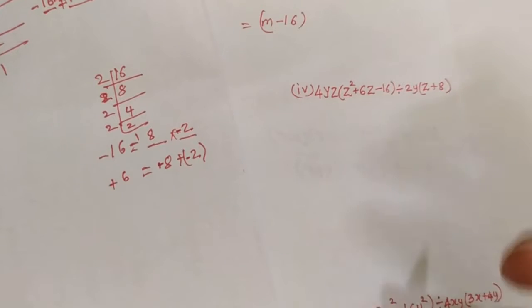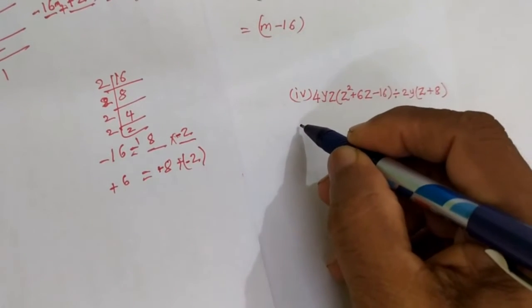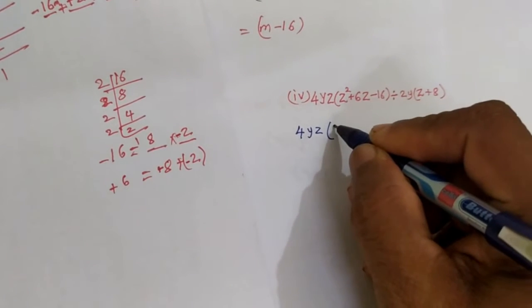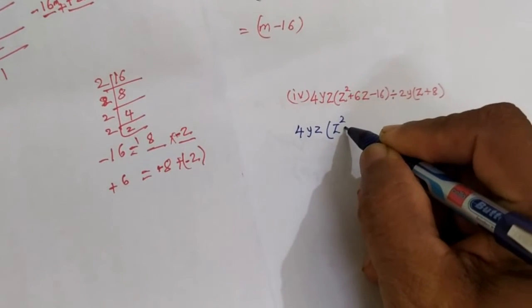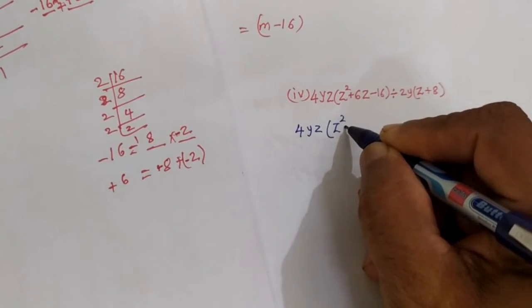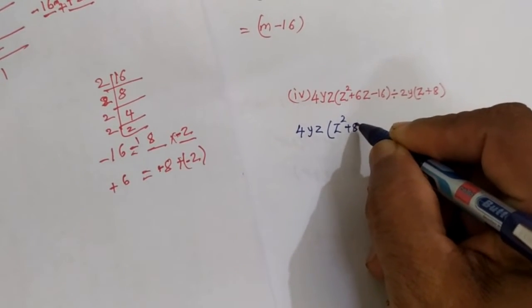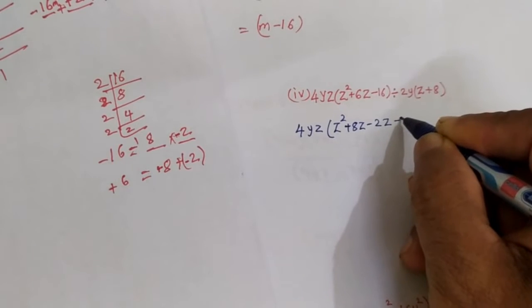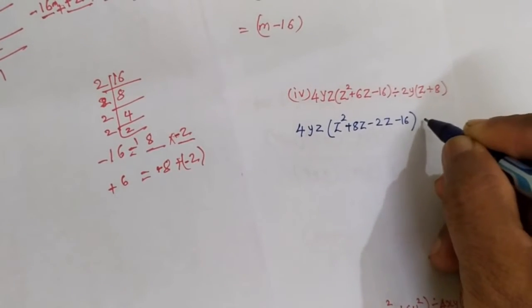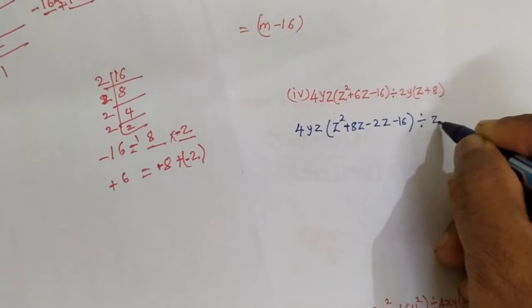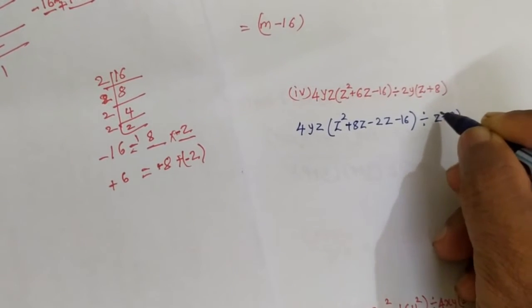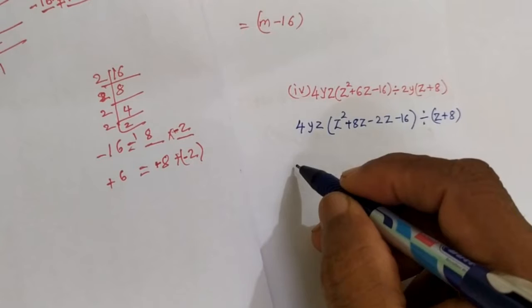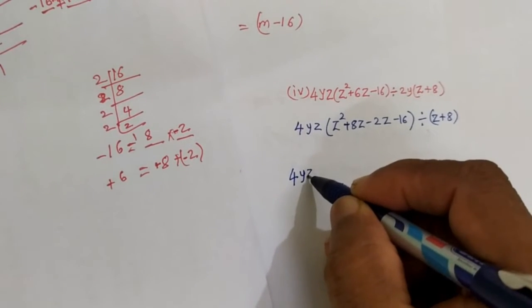We'll write down 4yz into the bracket z square plus 8z minus 2z minus 16, divided by z plus 8. Here we may get confused. So it will be 4yz.